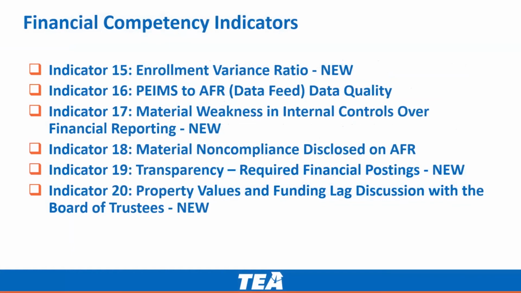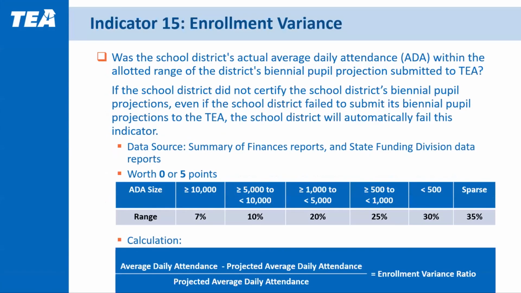All right, so most of these final ones are new, and so I'll point those out as we go along. This one is brand new, and once again, this is going to be an interesting one to see what the data looks like. You guys just finished doing your pupil projections for the next biennium, and as you're aware, this is what that question is using.